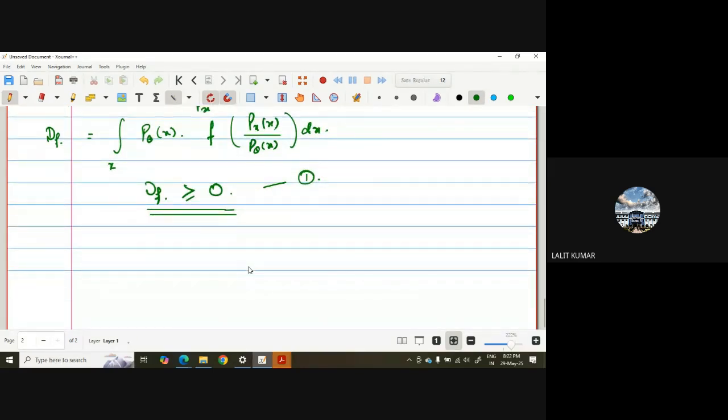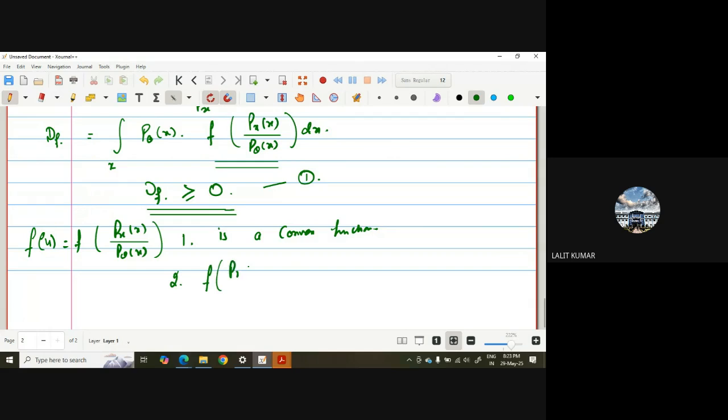The second property is of this function, which I call function f of p_X(x) and p_theta(x). Number one, this is a convex function. Number two, the value of this function of p_X(x) over p_theta(x) will become 0 if p_X(x) is equal to p_theta(x).